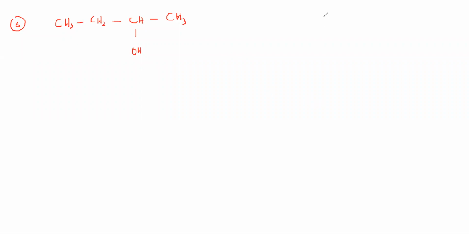So OH is attached to the second carbon. So 1, 2, 3, 4. So it's but because of 4 carbons, and an because of the single bond. Then the position of OH is on the second carbon, so it is butan-2-ol.